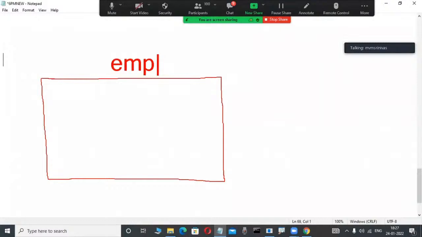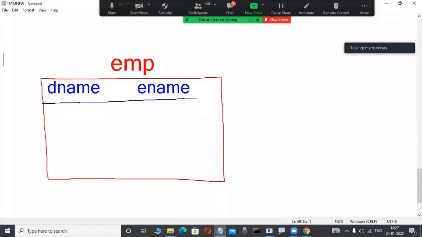I'm a programmer in a company. So many employees are there, belonging to some department name. These are columns: D name and E name. EMP is a table. I am representing it like this.